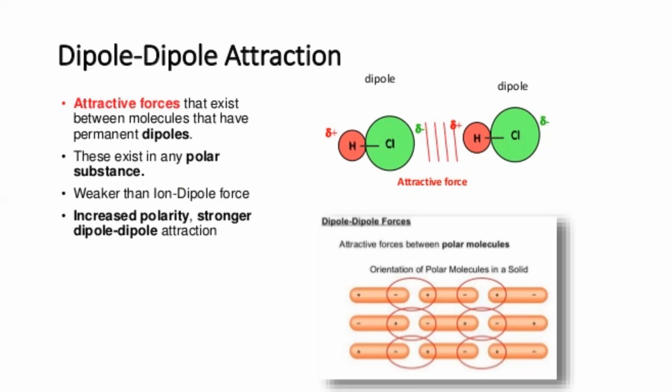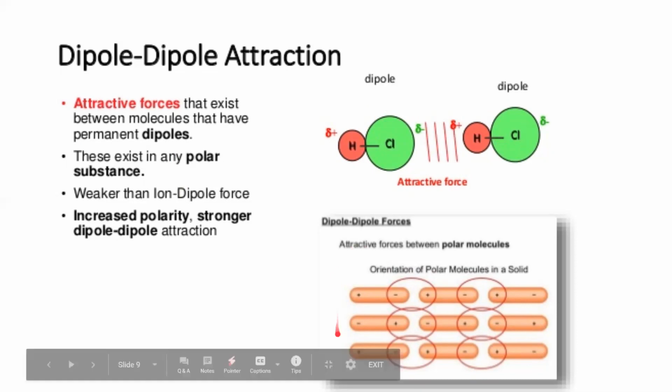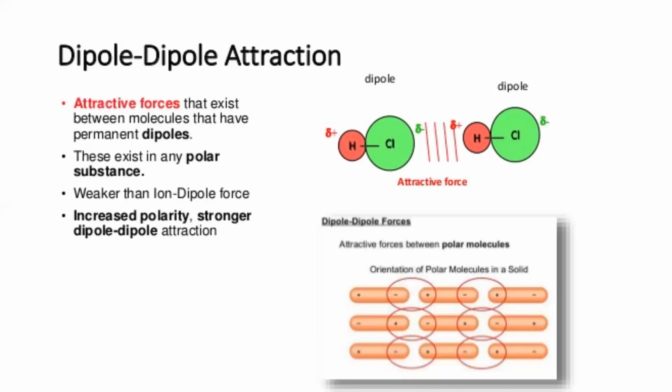As you can see down here, when we get more into solids, they form this nice lattice where the positives and negatives line up opposite each other, and they can form a very strong attractive force that holds them in place much more strongly. Again, this increases the melting points and boiling points of the material.